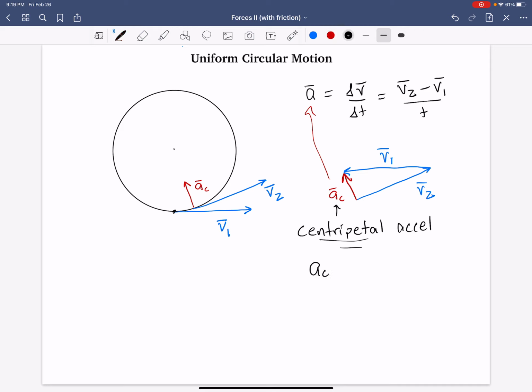Right? a_c is not the same as simply a or a tangential, if you will. Right? It's specifically referring to a change in velocity for an object moving in an arc at a constant radius. I didn't draw the radius, but that's a radius there. And if you were to draw it right there, that would be the same radius. Okay?